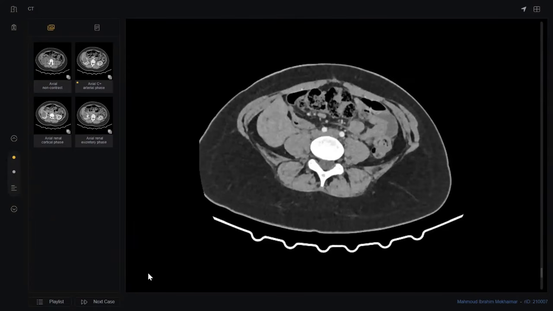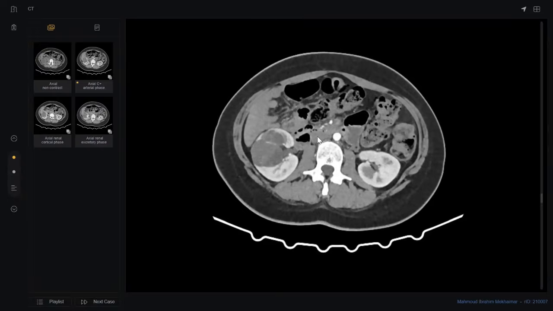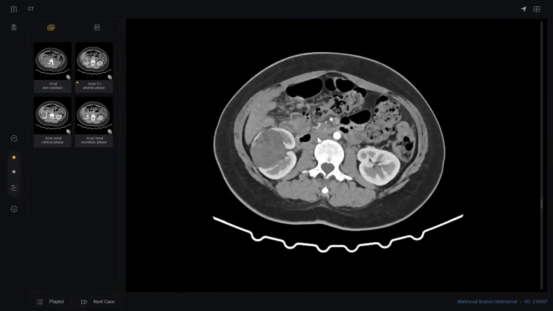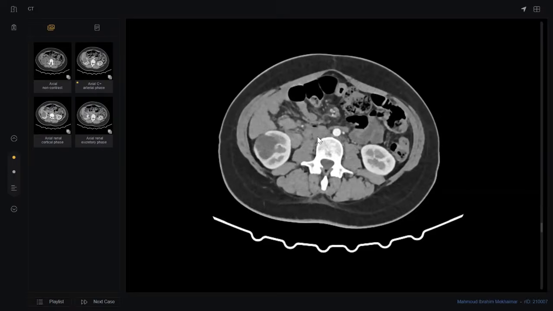Okay, so there is a complex cystic lesion in the right kidney. I will scroll to you. The lesion appears to be solid cystic in nature.